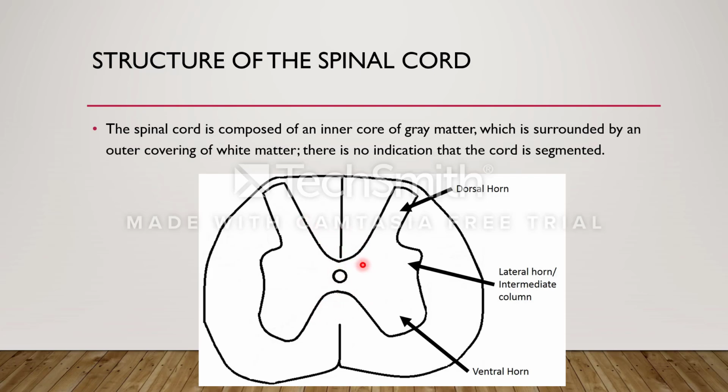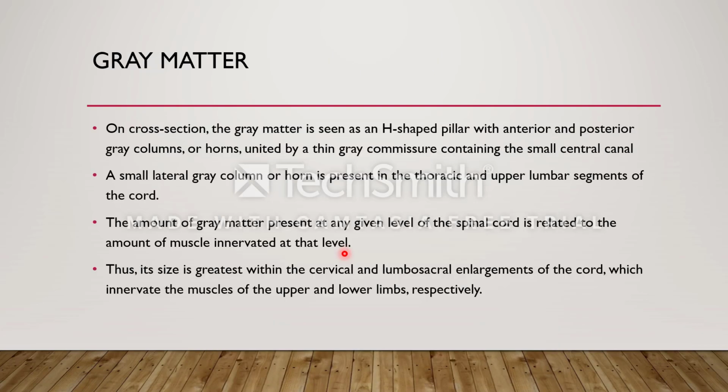So the areas around the central canal are named as anterior and posterior commissures, and if they are present in grey, they will be named as anterior grey commissure and posterior grey commissure, and if they are present in white, they will be named as anterior white commissure and posterior white commissure. So what we have learned is that there is an H-shaped pillar and there are anterior grey horns, posterior grey horns and the lateral grey horn.